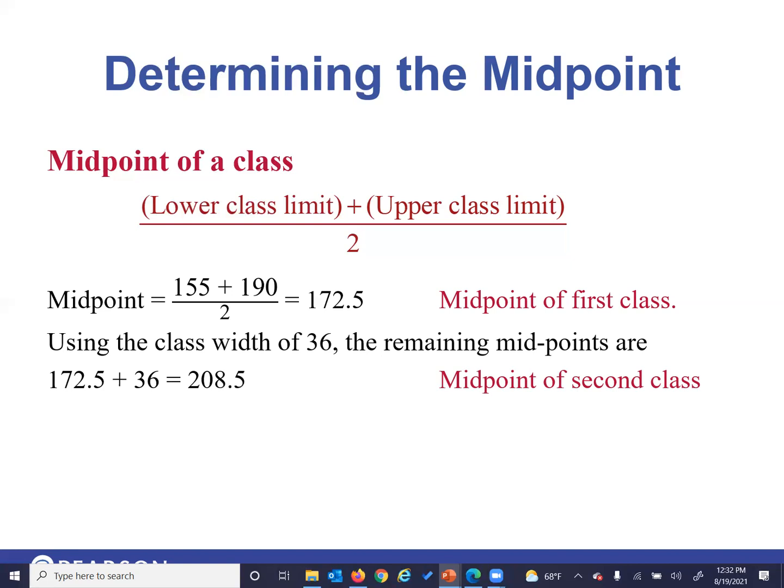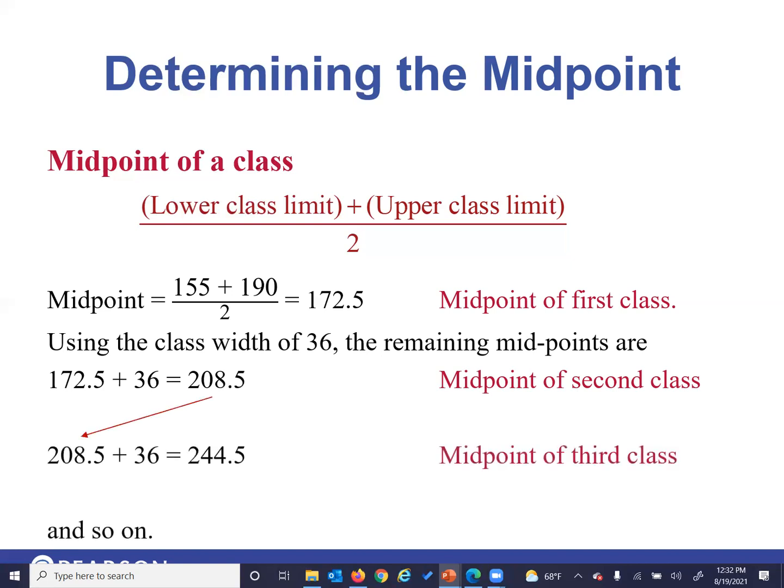So 172.5 plus 36, you do the next one, the next one, the next one, and the next one. You just keep on doing it until you are done, and you have all the midpoints. Okay, so midpoint is something else we do with the graphs.